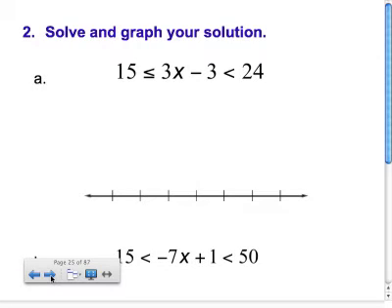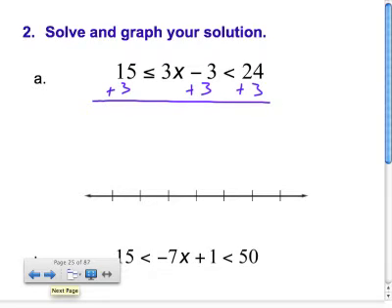All right, number 2, now we're going to get into solving and graphing, and this is really where the bulk of the information is that we're going to be concerned with. So 2 part A says 15 is less than or equal to 3x minus 3, which is less than 24. I solve this inequality just like I've been solving all of the other inequalities so far in this chapter, with the exception that now when I add 3 to the middle one, I have to add 3 to every single one.